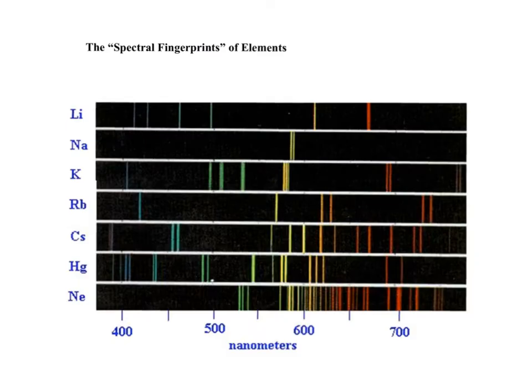Now, one of the amazing things about atomic spectra is that every single element has a unique line emission spectrum. And the reason for that is that every element has got a certain amount of protons in the nucleus and a certain amount of electrons in the energy levels.